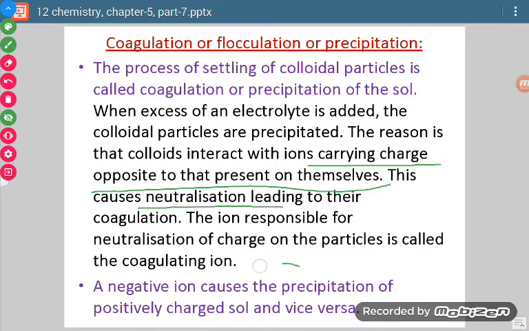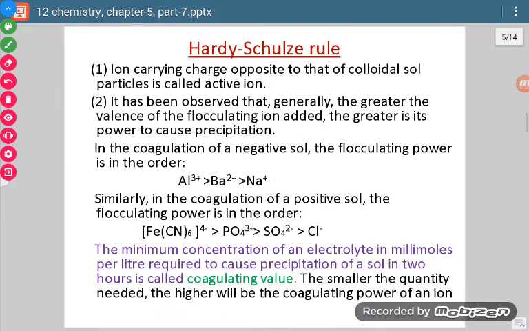So this is clear that a negative ion will cause precipitation of a positively charged sol, and a positive ion will cause coagulation or precipitation of a negative sol.